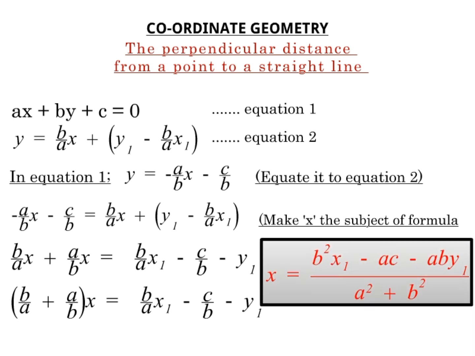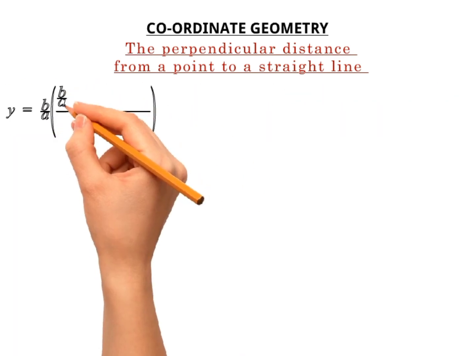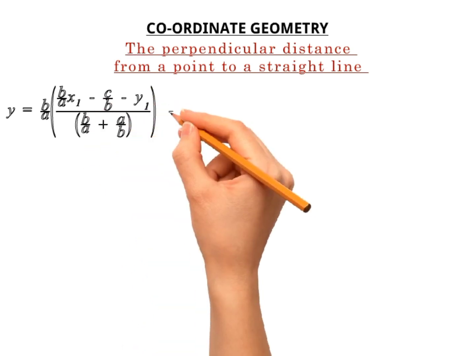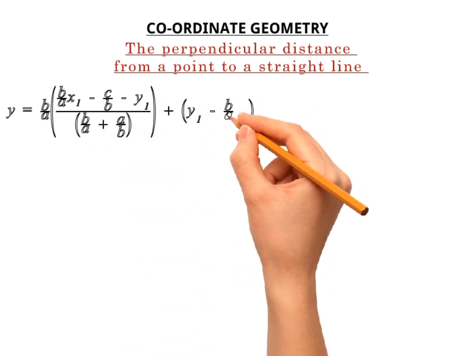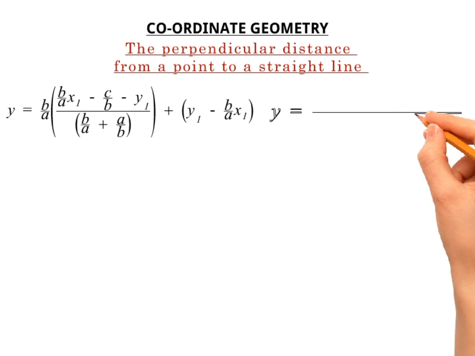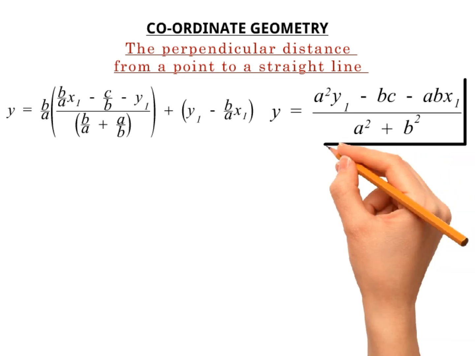Now that we have the value of x, we can easily proceed to finding the value of y. We just substitute it in any of the equations above. So, y equals b over a times bracket b over a x1 minus c over b minus y1, over b over a plus a over b, plus y1 minus b over a x1. By simplifying the right-hand side, this gives y equals a square y1 minus bc minus ab x1, over a square plus b square.